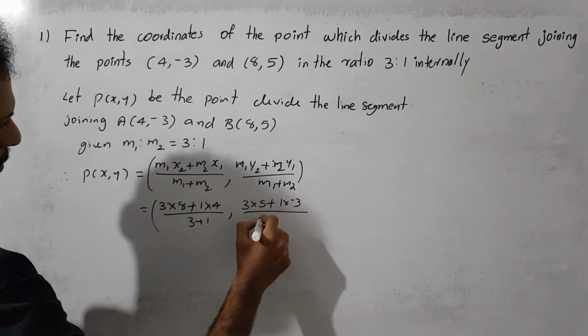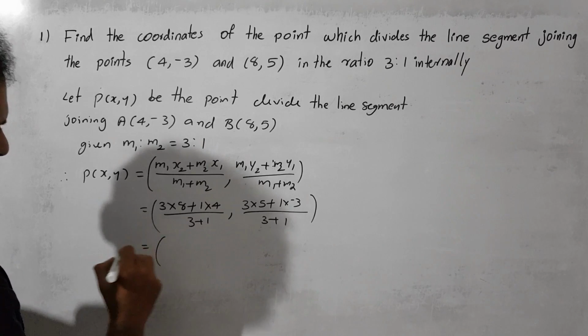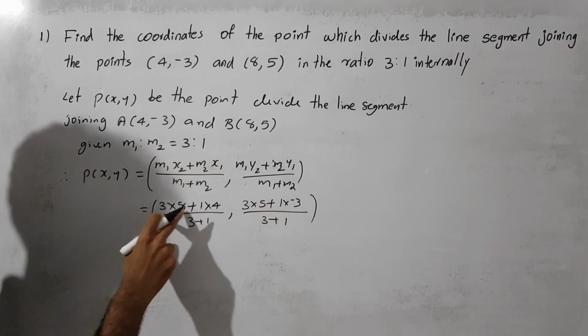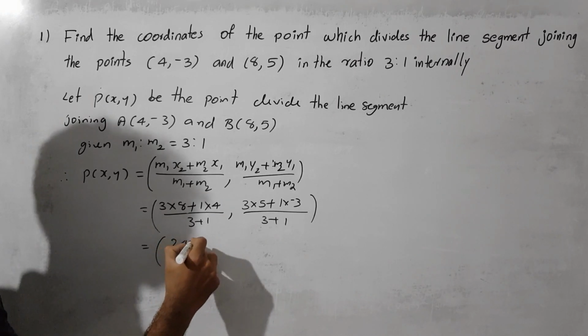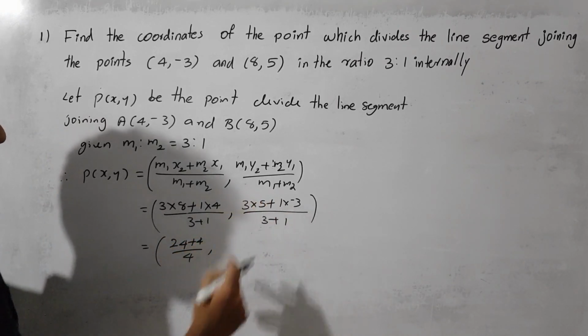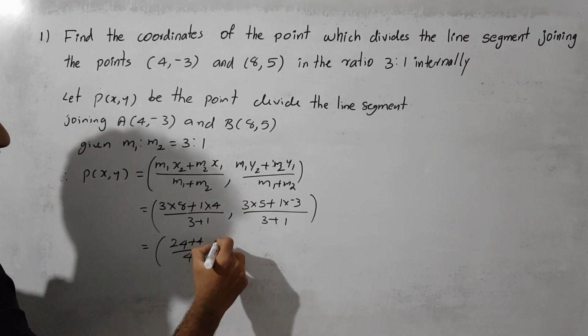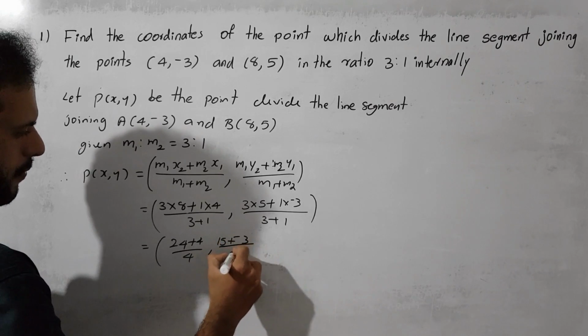The denominator is same, 3 plus 1. Then is equal to 3 into 8, which is 24, plus 1 into 4, by 4, comma, 3 into 5, 15, plus 1 into minus 3, which is minus 3, by 4.